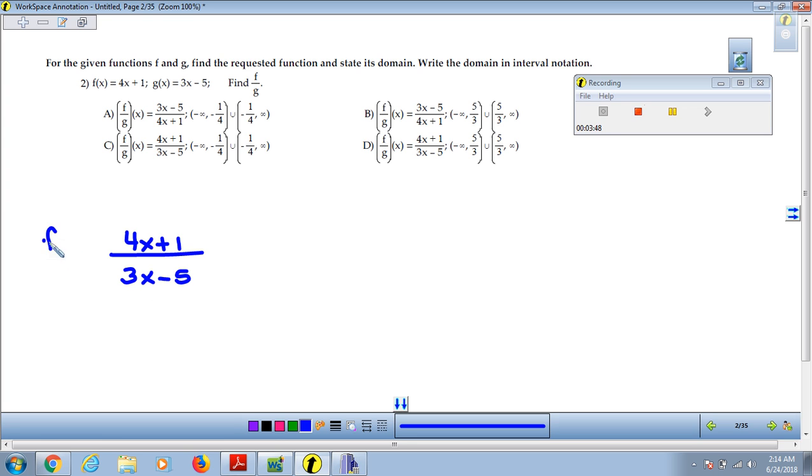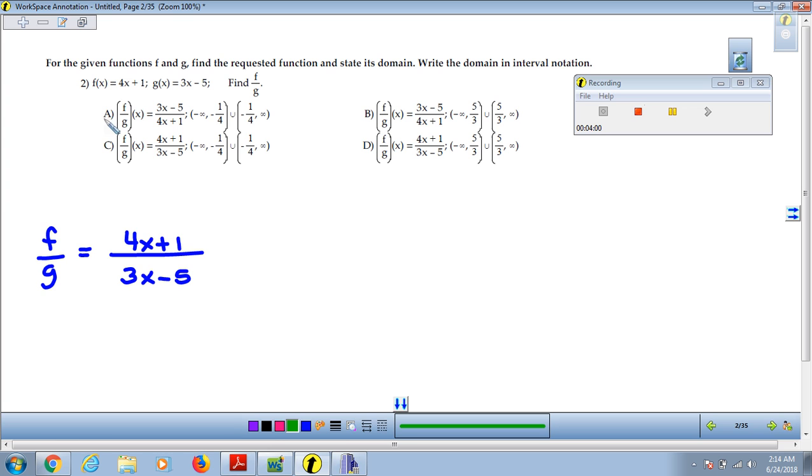And this is f over g. You can eliminate some of these choices by looking at which of them have the same division set up as the way that I did: f on the numerator, g on the denominator.